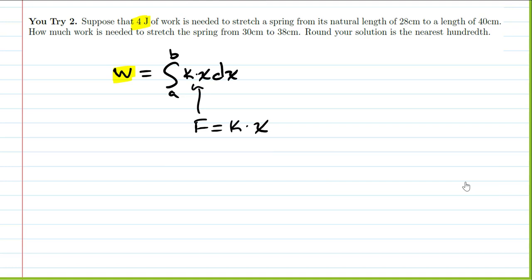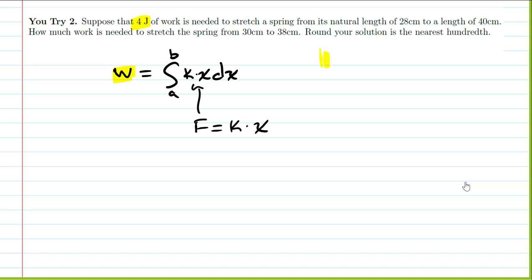All right, so let's talk about how we're going to resolve this. So we notice that the big difference is that we were given work instead of a force this time. So our work is 4 joules, and we're told that the spring is stretched from its natural length of 28 centimeters to a length of 40.